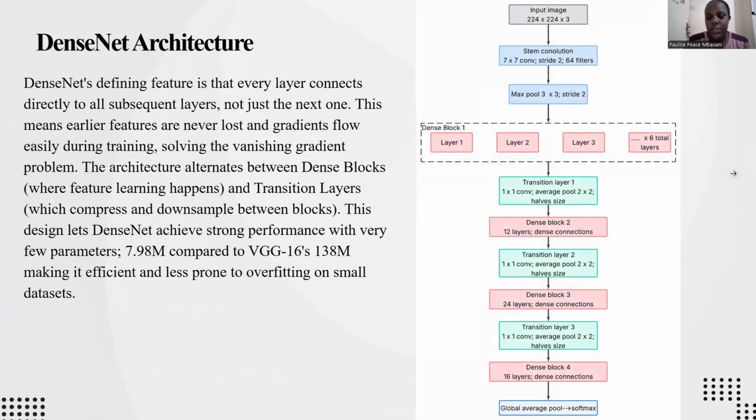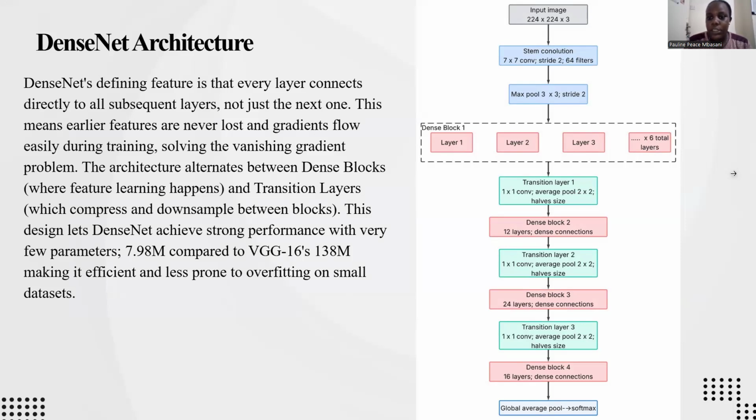The architecture is a bit similar to the VGG-16 because we also have convolution. But for this one, we begin with an image input, then we have a 7x7 stem convolution, followed by max pooling. It reduces the images from 224 to 56 pixels while computing the basic features. Then we have the dense block layers, which are separated by transition layers.